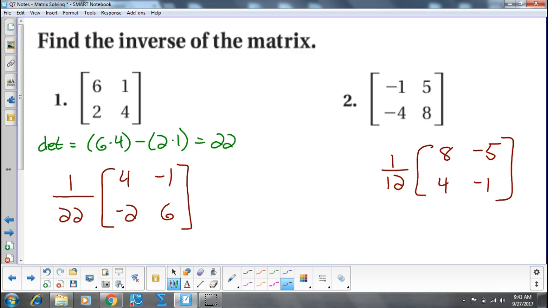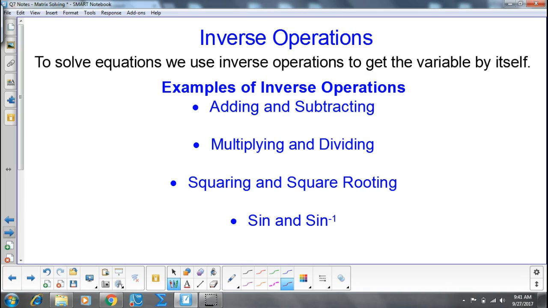With me? Okay, fantastic. Now, we're going to be talking today about inverse operations. You do inverse operations all the time. When you're solving equations and you add something to both sides to move stuff around, that's an inverse operation.